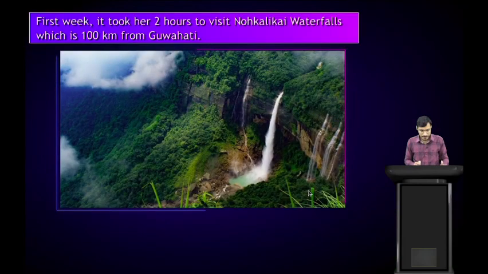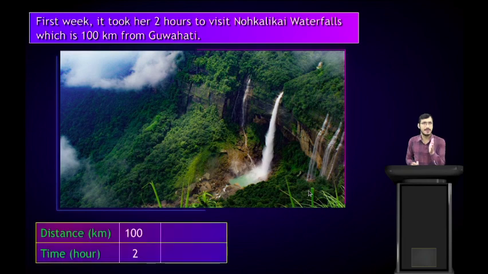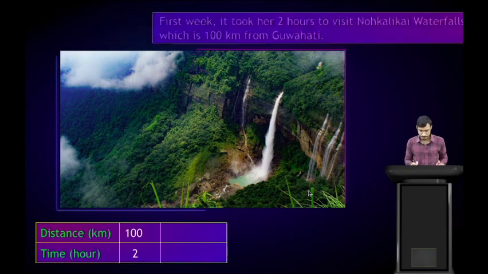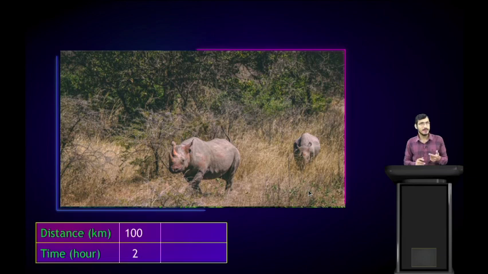In the first week it took her 2 hours to visit Nohakali Kai waterfalls, which is 100 km from Guwahati. So distance is 100 km and time is 2 hours.